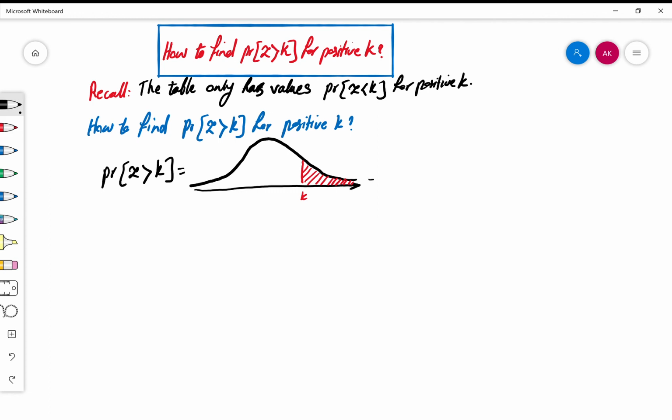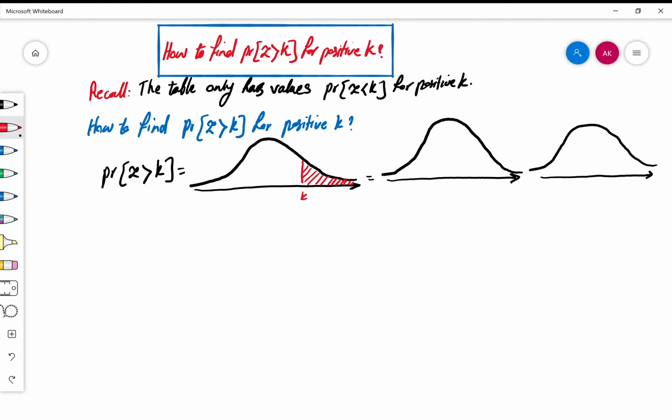With a very simple observation, the complement observation, we can find the area of this red shaded region by first finding the area of the total region, and then subtracting the complement of this piece. Then it's done.